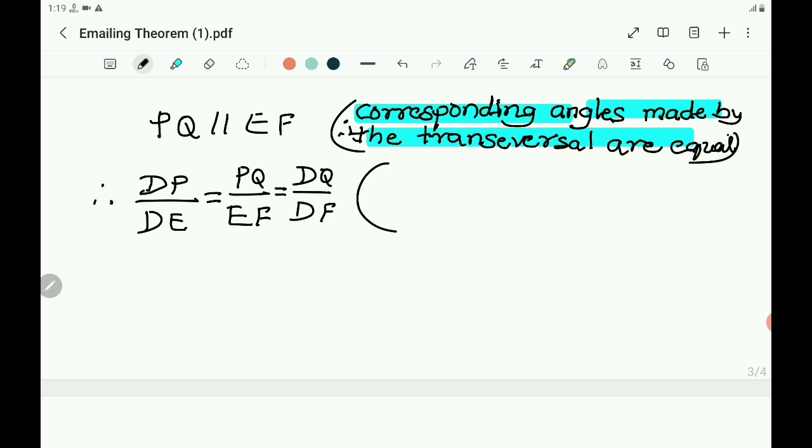What is the reason? We have to give here the corollary of BPT, or Thales theorem and its corollary also you can write.